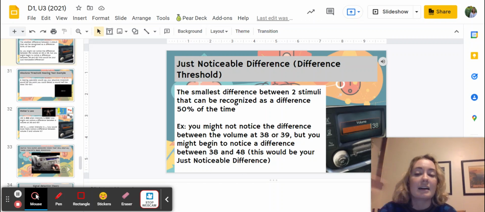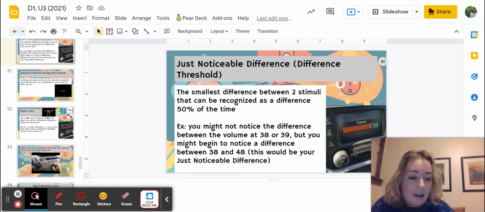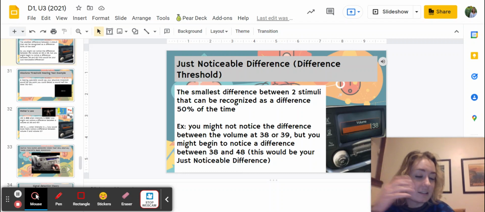Probably not. That's not in your just noticeable difference threshold. But if your friend changes the volume from 38 to 48, now you might register, oh, that's kind of loud.